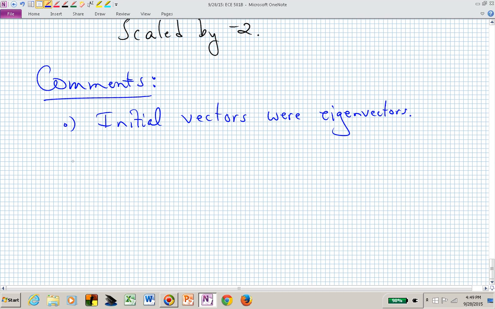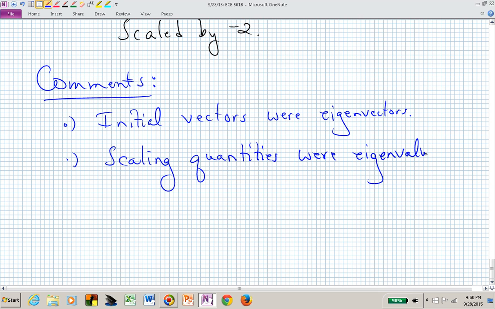The scaling quantities were eigenvalues. In this example, our A matrix was a 2 by 2 matrix of real elements.